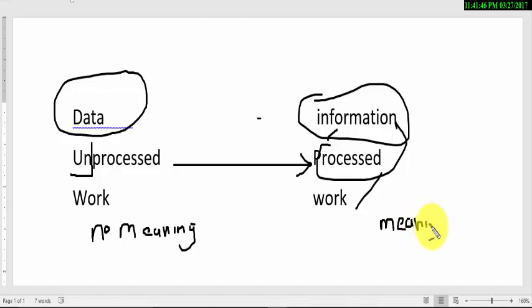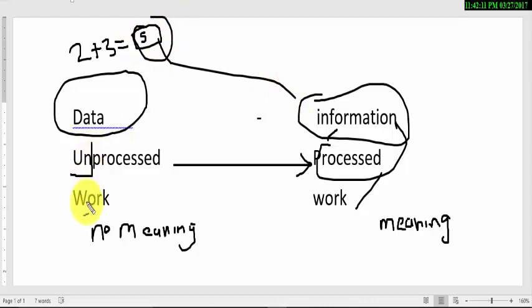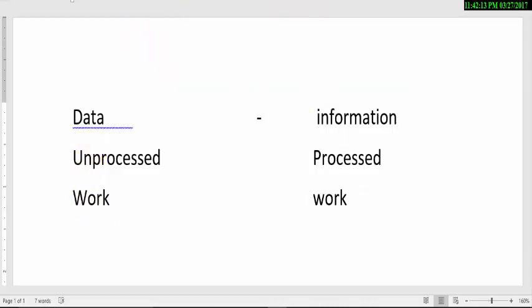Data means you may have anything which has no meaning. For example, if you say 2 plus 3 is equal to, we don't know. This is data, because there's no meaning here. But if the answer is given as 5, this is what we call information. Okay, thank you, students. We go on.